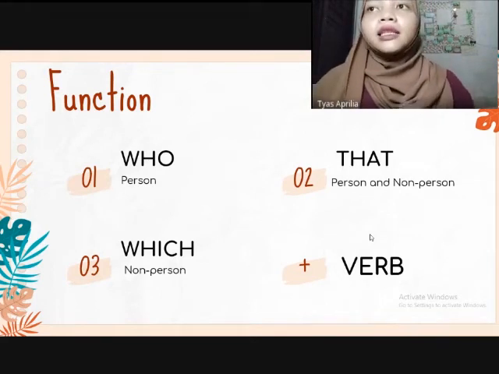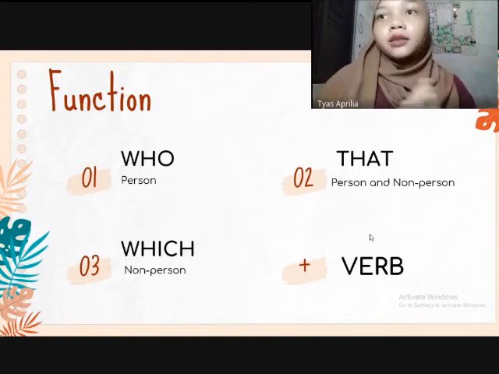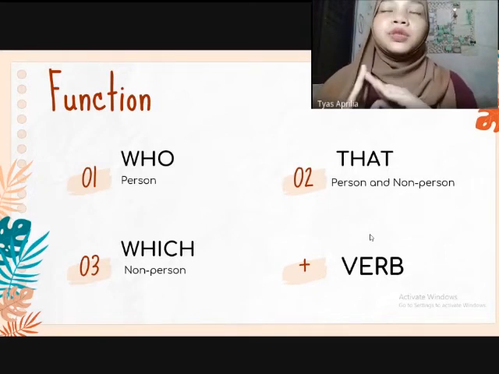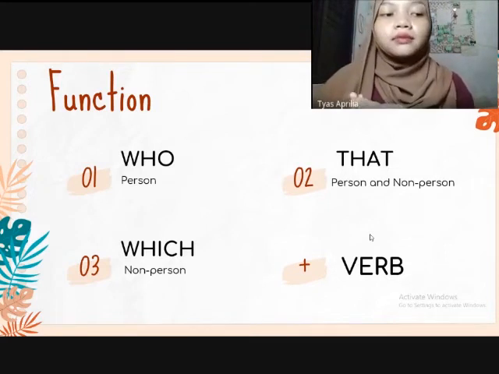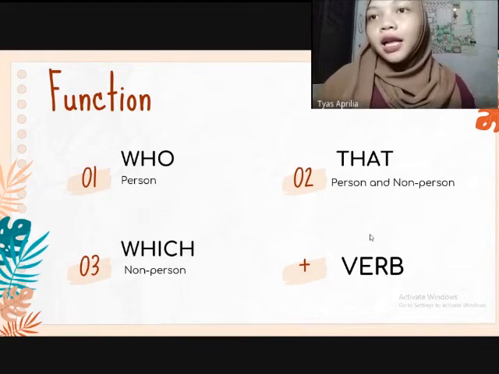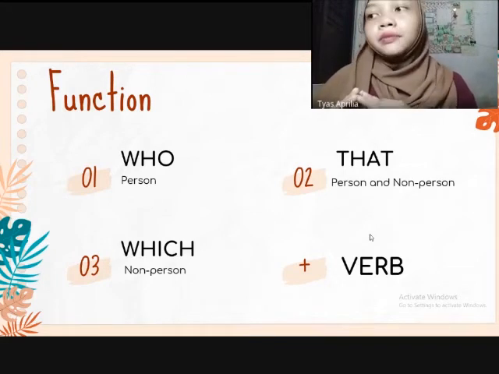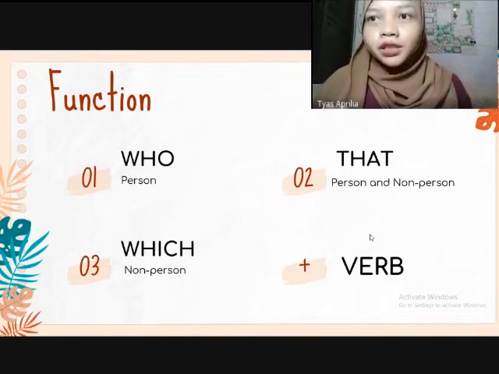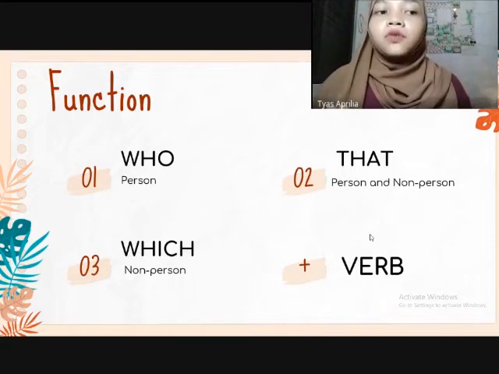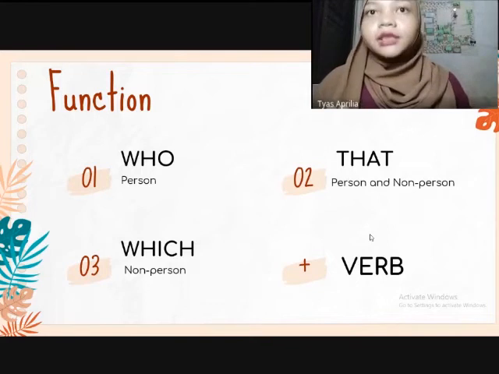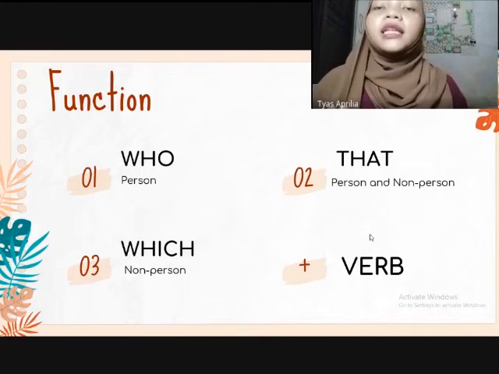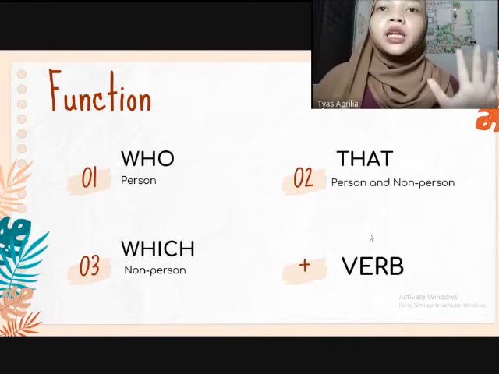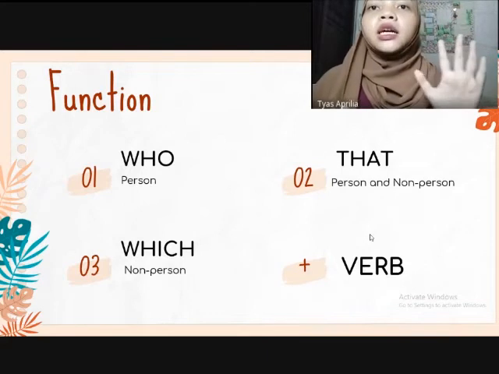Next, that is for person and non-person, but you can use that for non-essential and non-important information, and that is used for a sentence that has no specification, to inform the others. And then the last one is which, for the non-person.